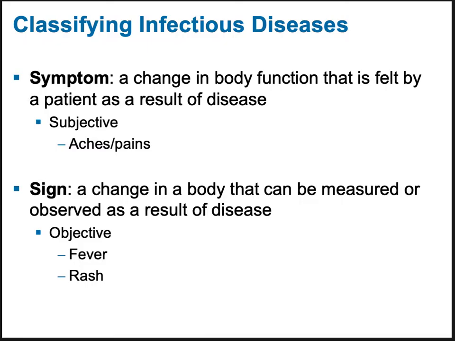This could be something like a rash, where you look at it and observe the pattern of the rash, or it could be something like a fever where you actually measure the temperature. So it's really important to distinguish between symptoms and signs, but together, symptoms and signs can really help a physician to diagnose a patient and help get them feeling better.